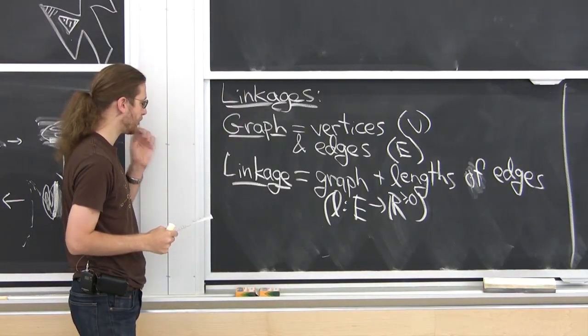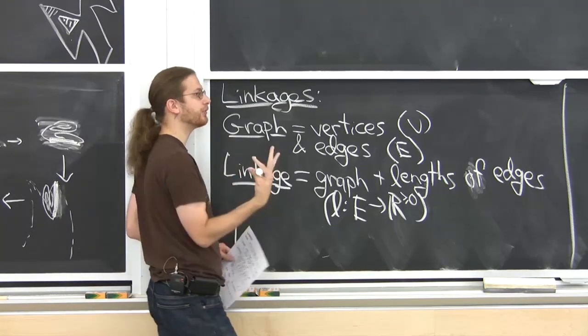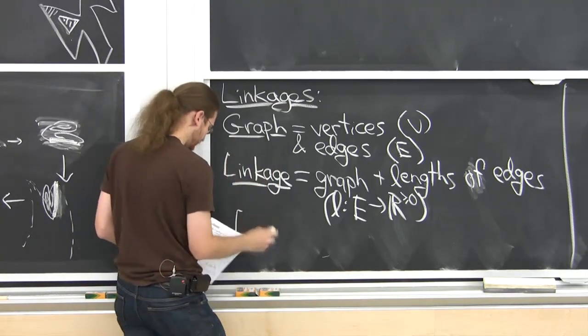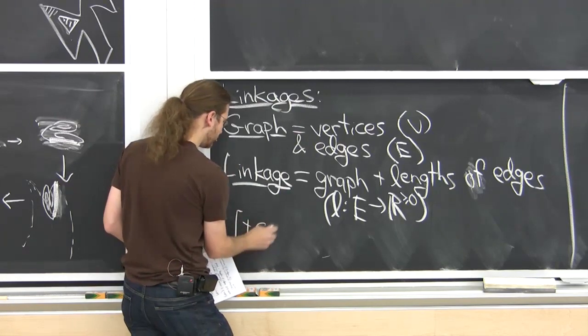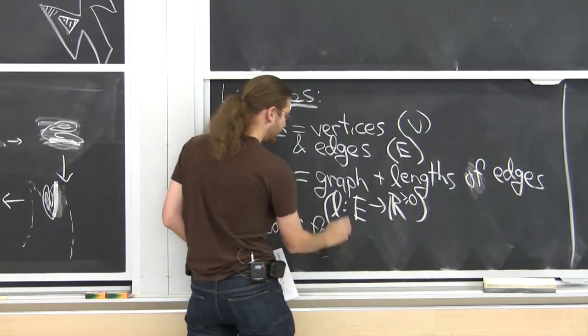And I might want a little bit more, so this is sort of optional. You might have some pinned vertices, things that are not allowed to move. So you might add coordinates for pinned vertices.